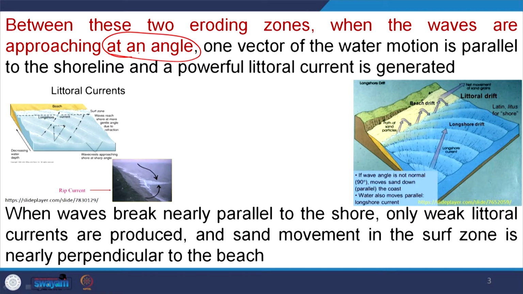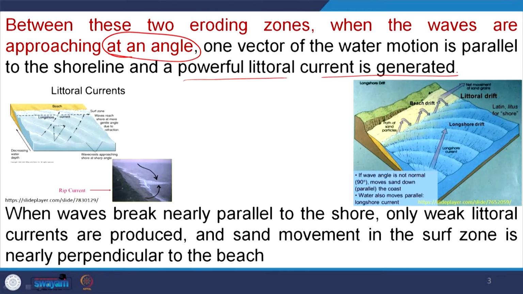This describes the mechanism of littoral current generation. The wave has to approach the coast at an angle, and a wave approaching at an angle is capable of generating a strong littoral current.